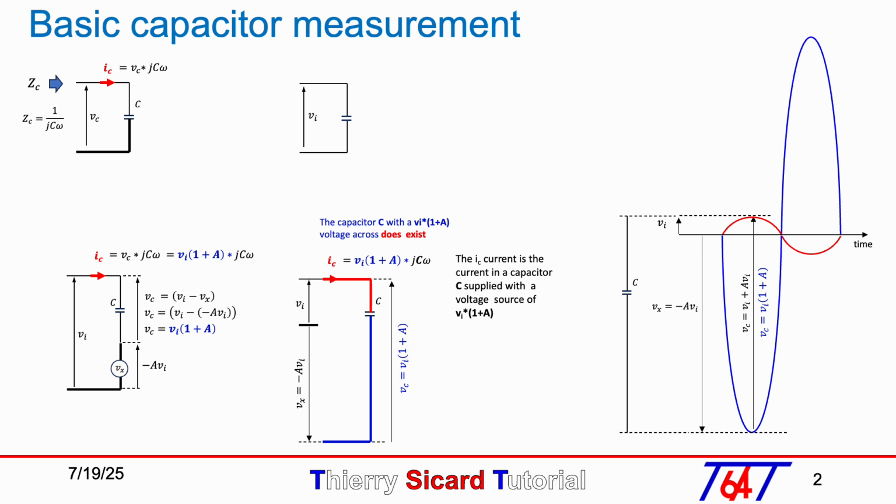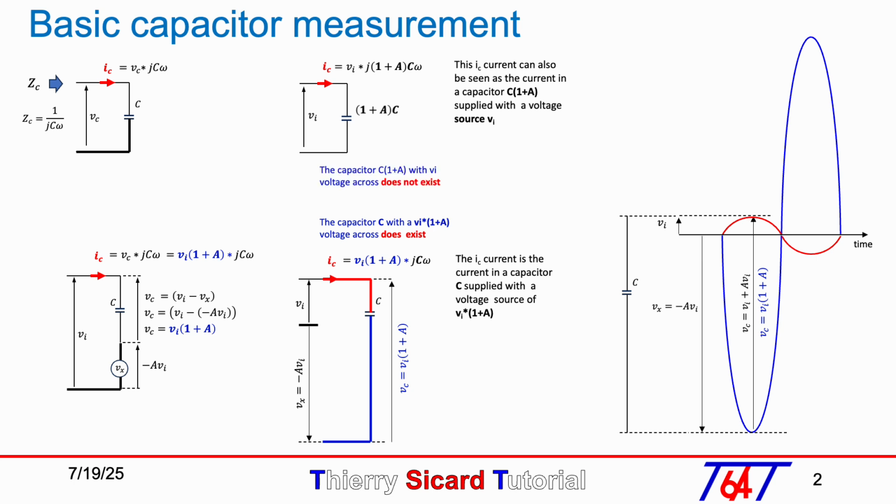But of course, since our input voltage is referenced to ground, to obtain the same current Ic with only the input voltage source Vin, everything happens as if the capacitor C were multiplied by the voltage gain A plus 1. But this is an illusion. The capacitor C times 1 plus A does not exist.